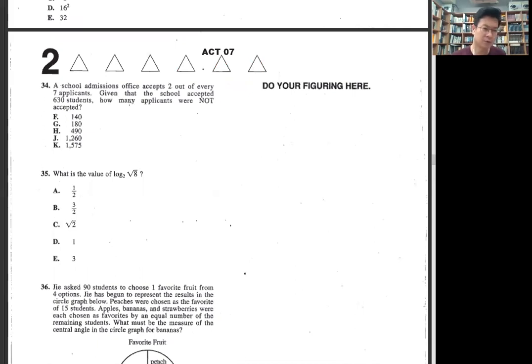34. Well, the dimension offers acceptance to 2 out of every 7. So accepted is 2 out of 7. Not accepted is 5 out of 7. Times 630. Oh, accepted is this. Oh, my bad. So 2 out of 7 times x, the entire school, is 630.